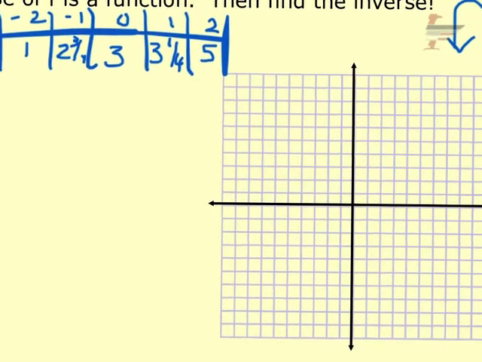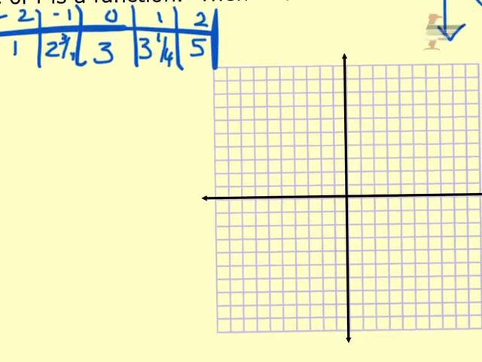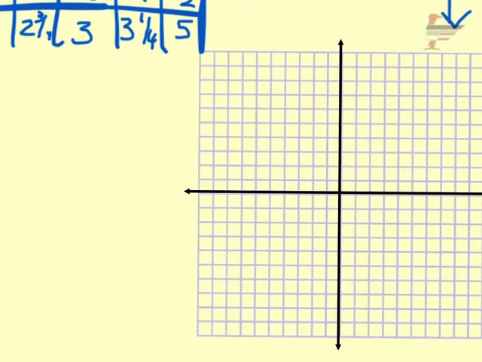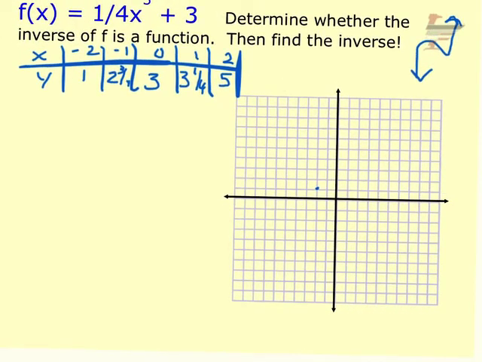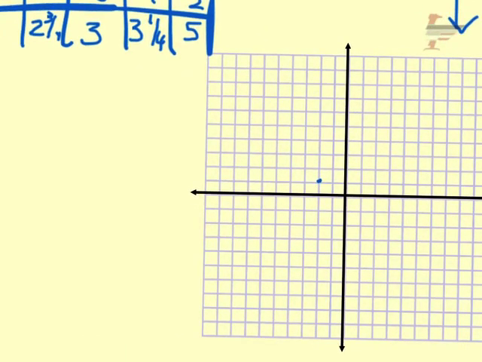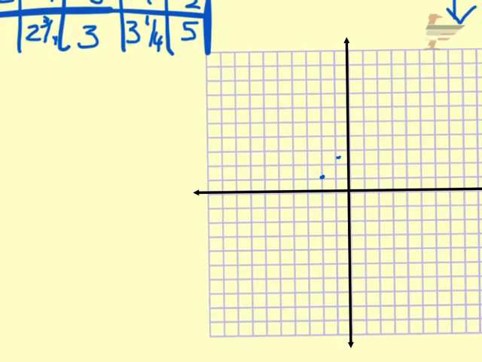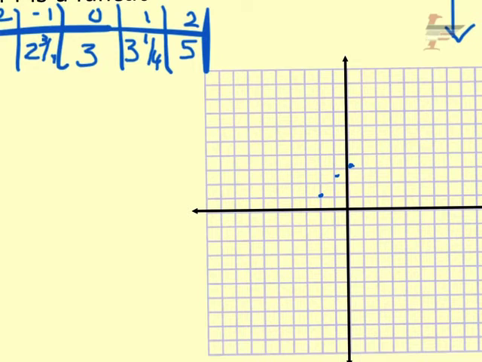So let me kind of blow up my graph here. Negative 2, 1 is my first point. Then I have negative 1 and 2 3/4, roughly right there. Then I have 0, 3. And then I have 1 and 3 1/4.